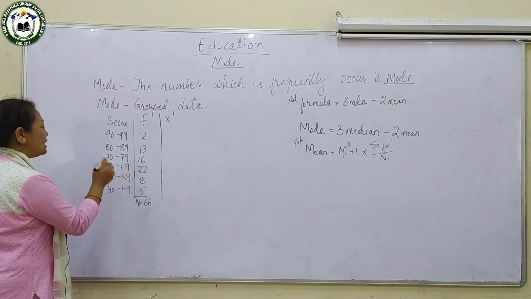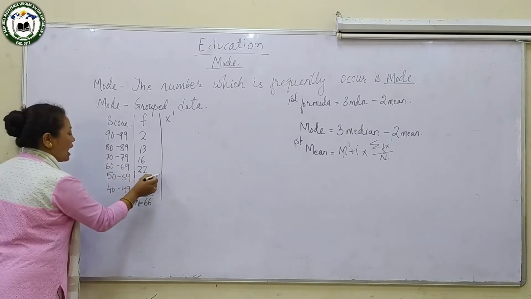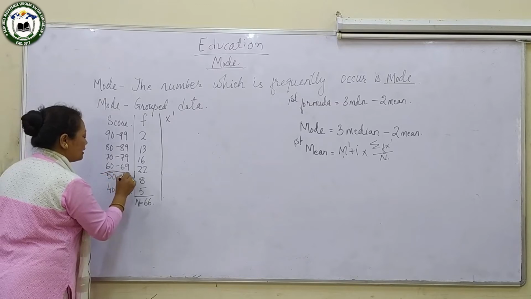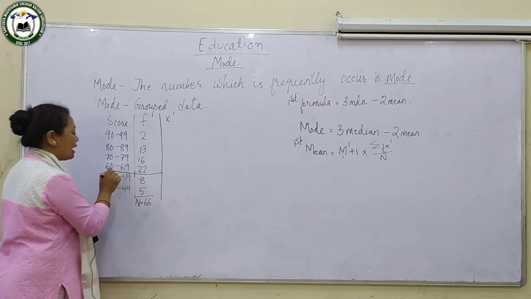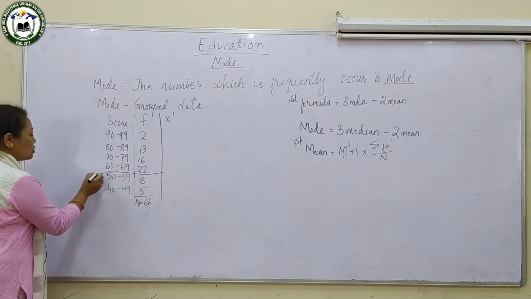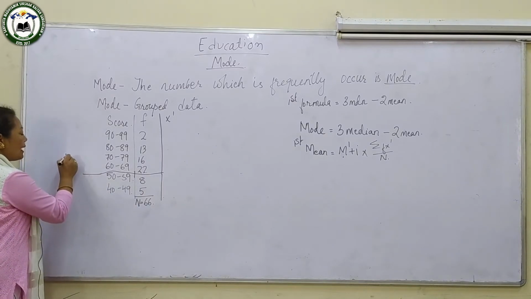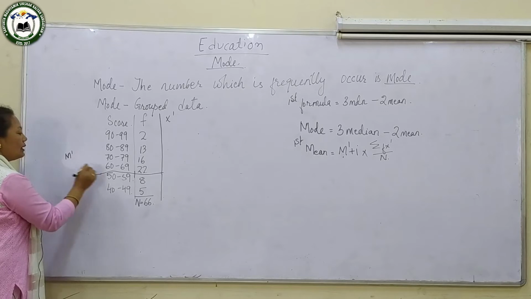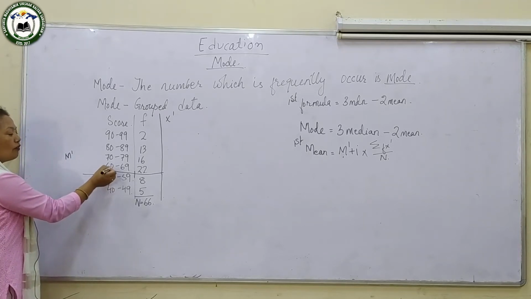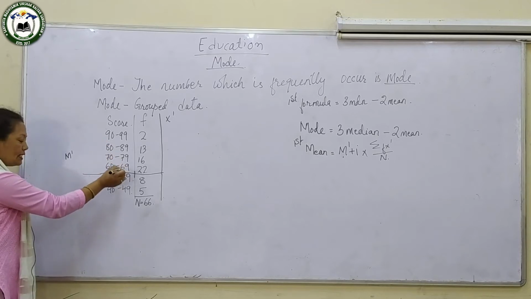For that, we need the highest frequency. Please underline the model class, which has the highest frequency. My m dash will be taken from here. Find the midpoint of 60 to 69.